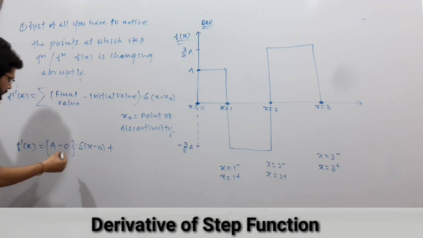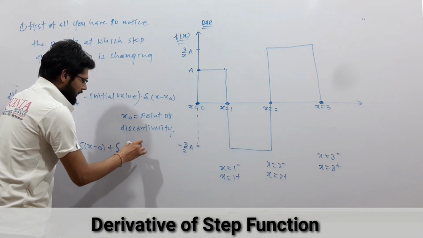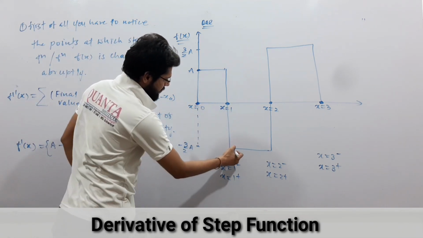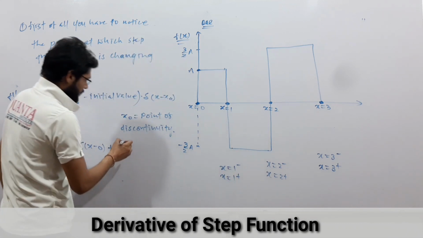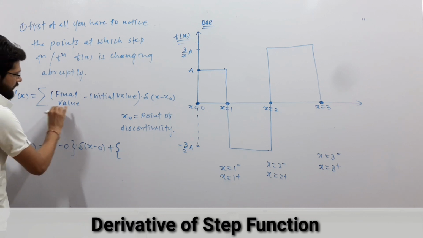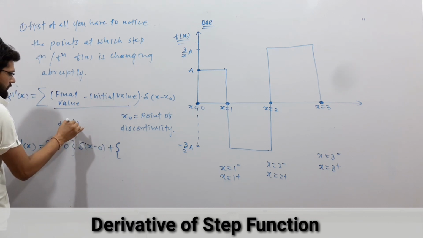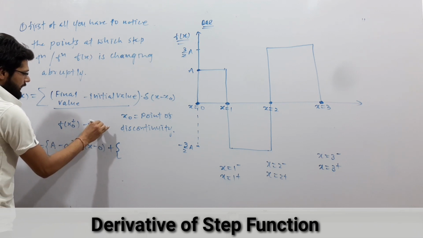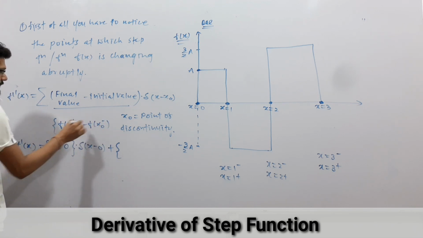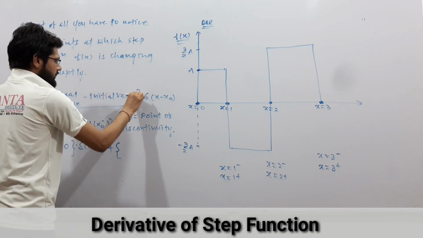Clear? So next one will be at x equal to 1, what is the final value? Final value means, you can write here, this thing is f of x naught plus minus f of x naught minus, final value minus initial value.